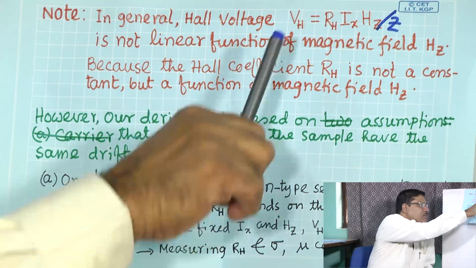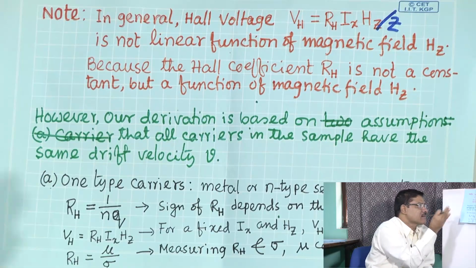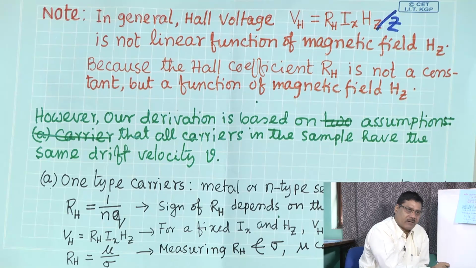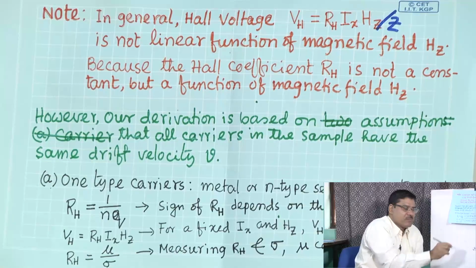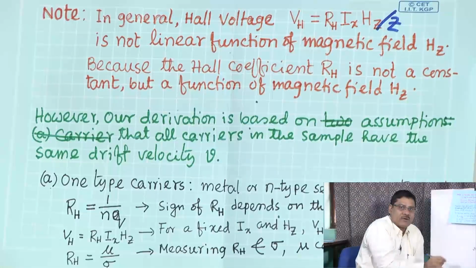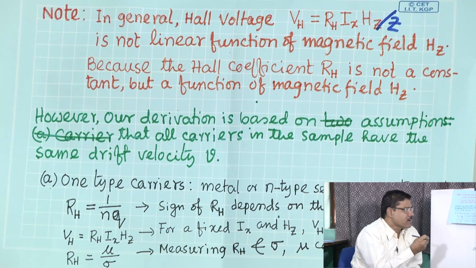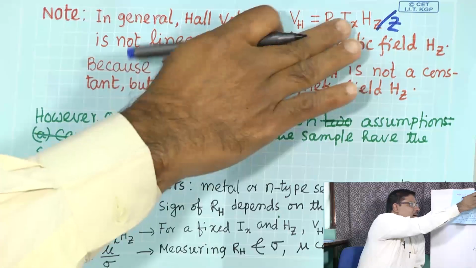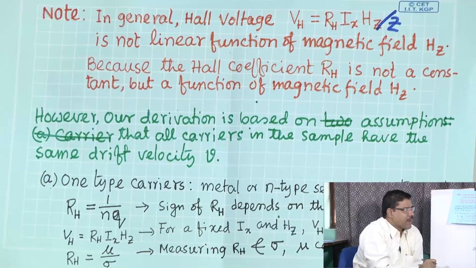But here we are treating it as a constant, so this formula is based on this assumption. Because of that it looks like RH is constant, but it slightly varies with the magnetic field, because the drift velocity of all carriers is not equal. But we have considered them equal, so that's why this formula is linearly dependent on the magnetic field.